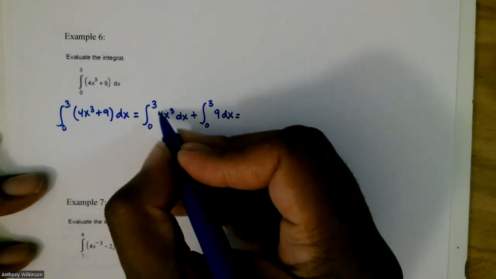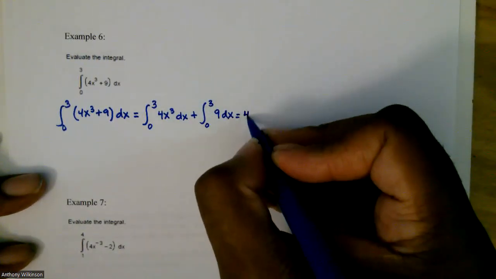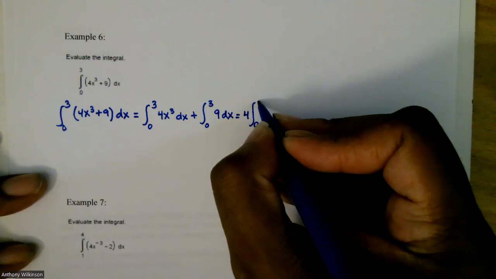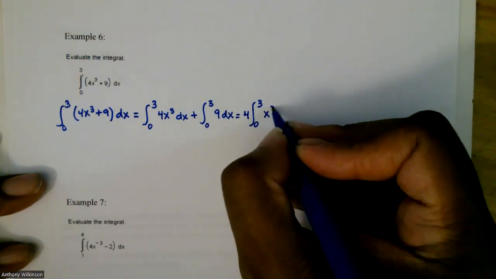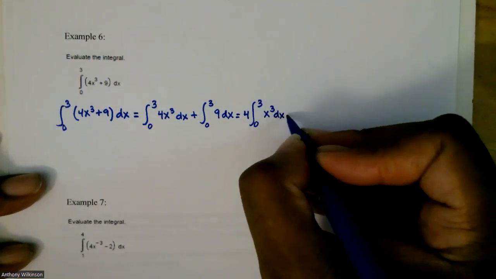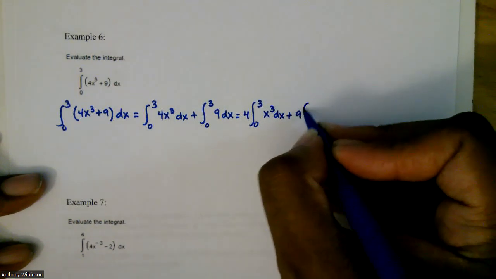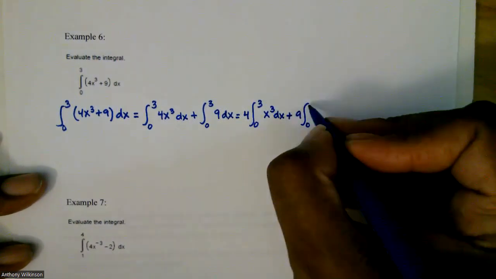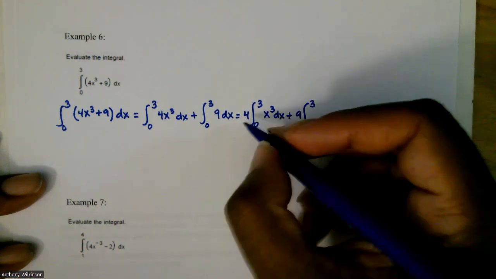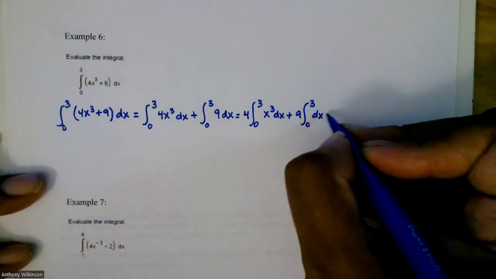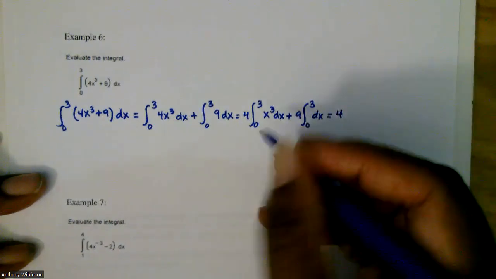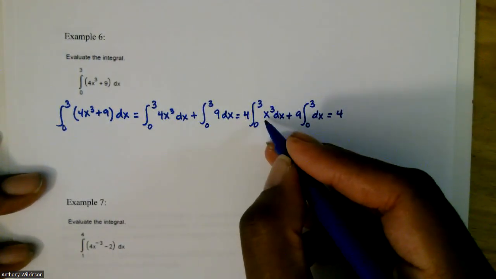And also, if I want to, I can pull the 4 out in front. So this will be 4 times the integral from 0 to 3 of x cubed dx, plus, and I can also pull the 9 out in front of the integral from 0 to 3 of just dx. So here, I'm going to integrate this part by increasing the power by 1.